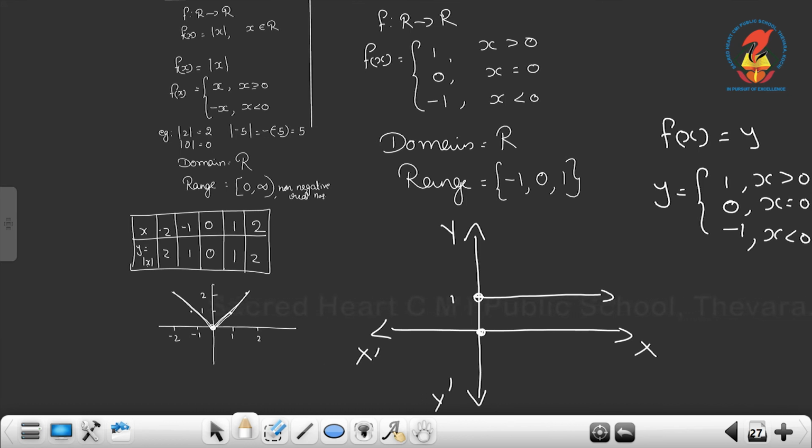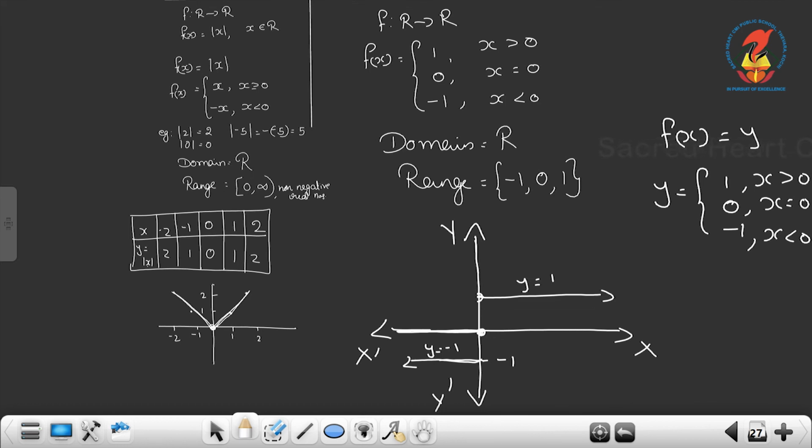Then when x is less than 0, that is this side, y is equal to minus 1. So here you have to draw. Here y is equal to minus 1. And this point is also not included.